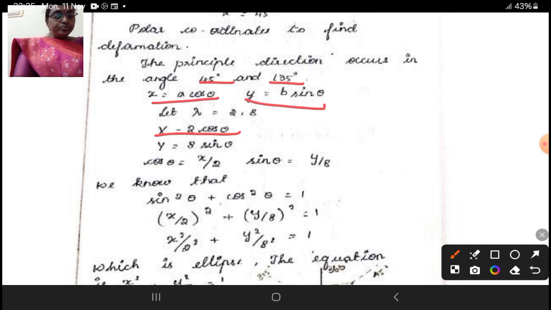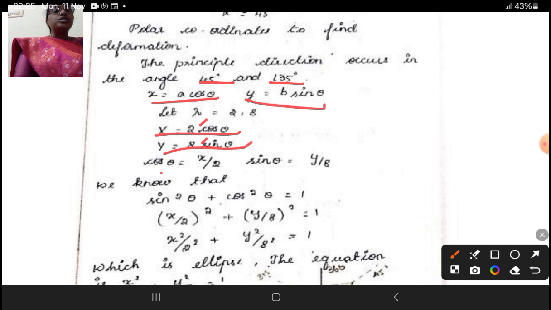We take these as a boundary point of the unstretched circular membrane with coordinates cos theta and sin theta. After the stretch, instead of x and y we replace these values, where the a value is 2 and the b value is 8. So we got this equation.